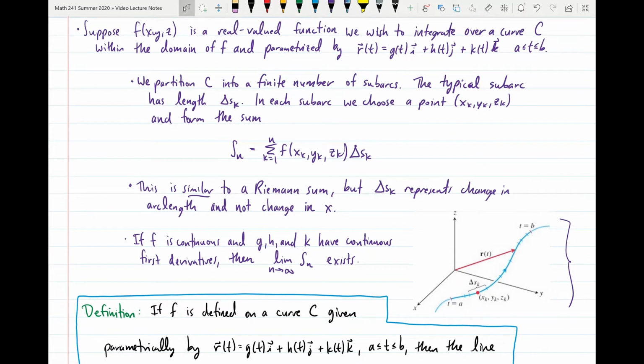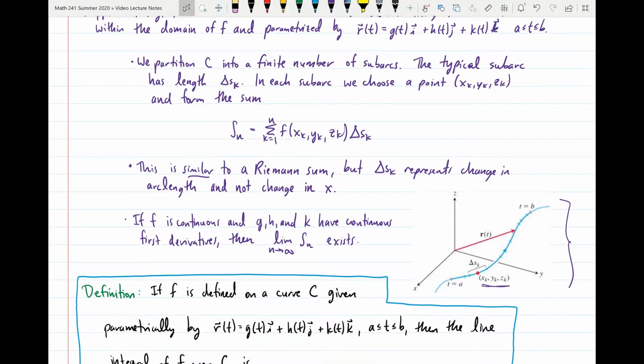And the typical subarc is going to have a length of delta s sub k, or at least that's what we will denote it. So if you look at this particular point that's been picked inside of the interval on the curve, the length of that interval on the curve is denoted delta s sub k.